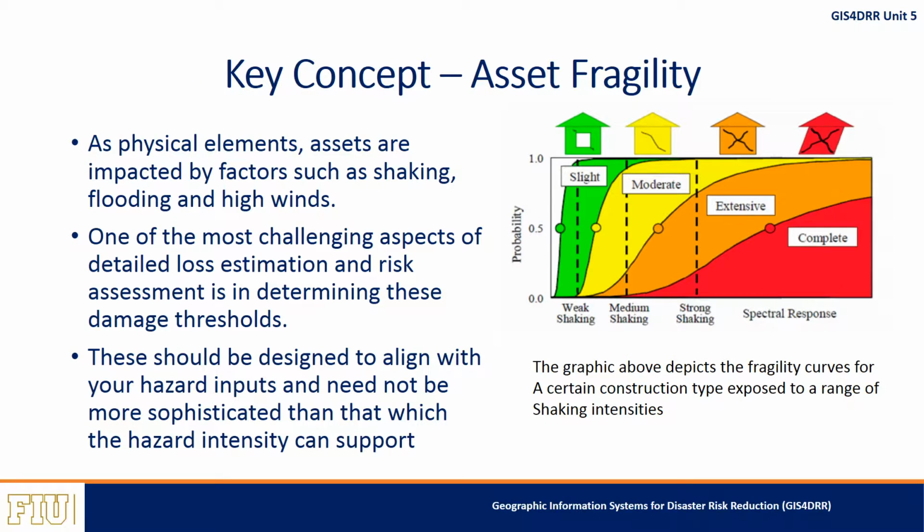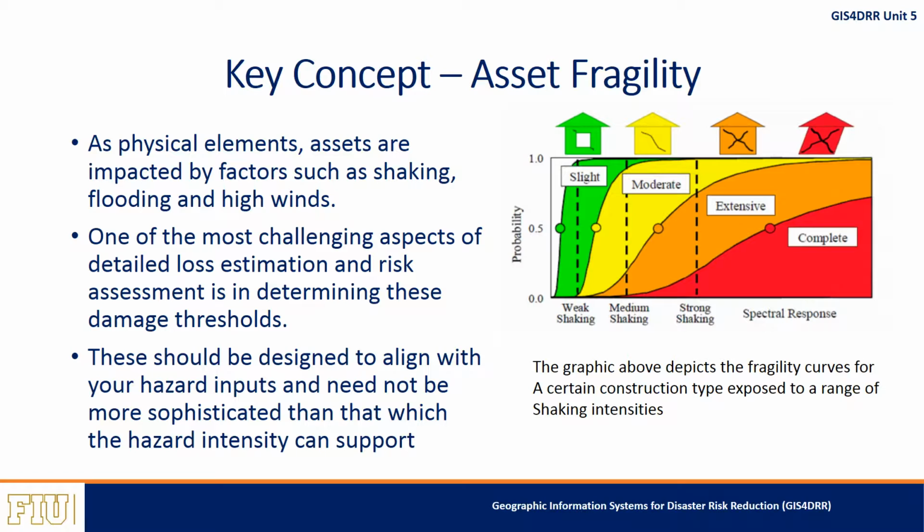Looking at this concept of asset fragility, take a look at the graph. You can see the scenario where the probability of a damage condition occurring increases as the intensity of the shaking along the x-axis increases.